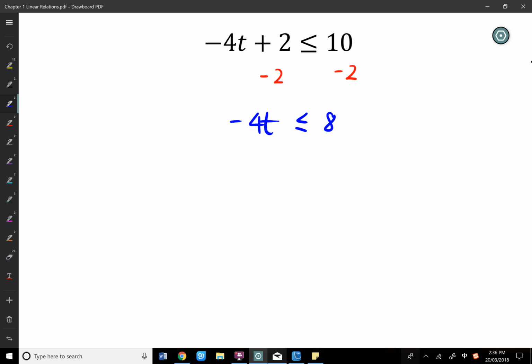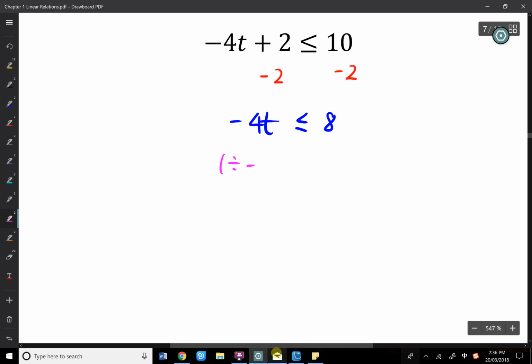If it's an equal sign, what will you do? Divide by minus 4. Good. Now I want to divide by minus 4 on both sides, so the sign needs to swap.